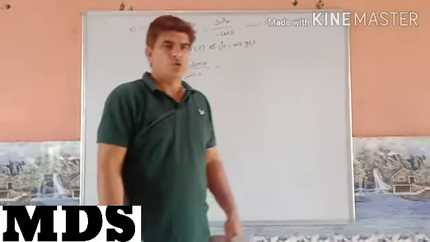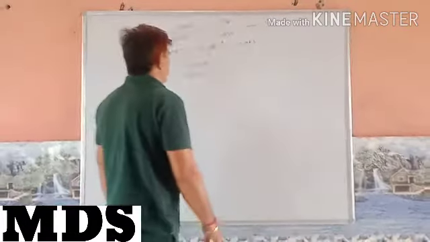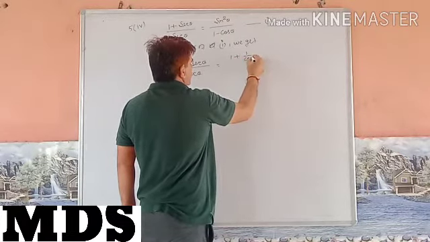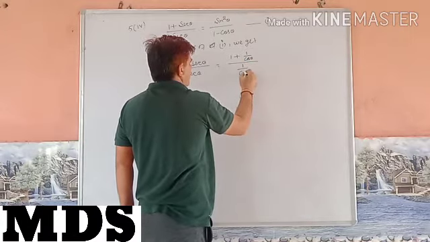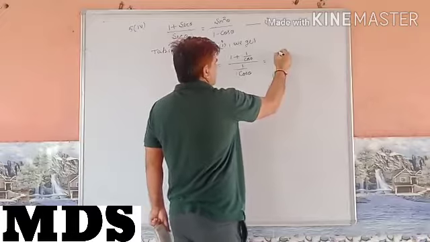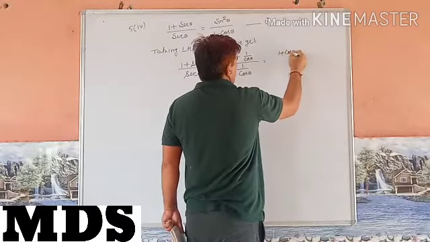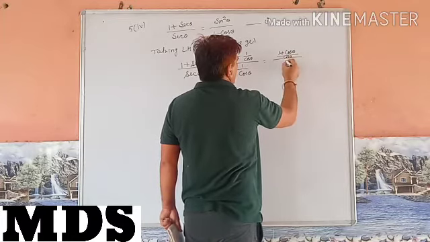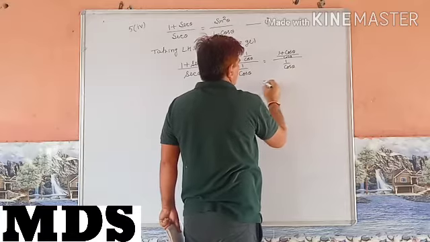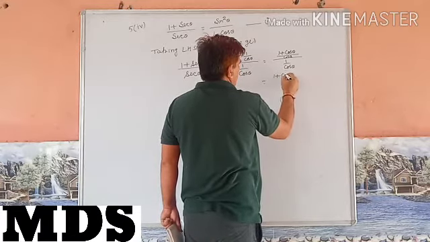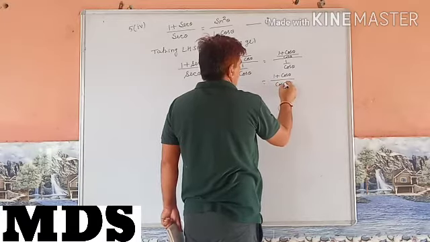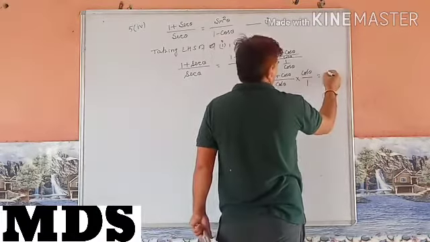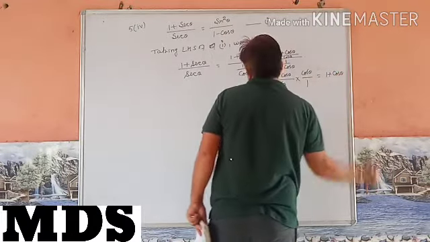You know, to solve trigonometry always try to convert into sine and cos. 1 plus 1 by cos theta by 1 by cos theta, and this is equal to 1 plus cos theta by cos theta, and 1 by cos theta. This you can write 1 plus cos theta by cos theta into cos theta by 1, cancel out. What's coming? 1 plus cos theta.